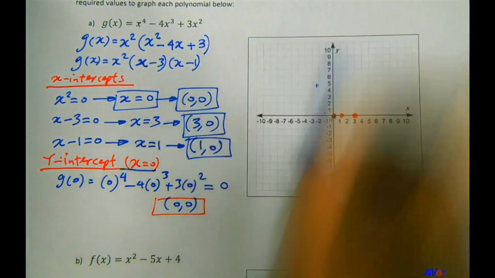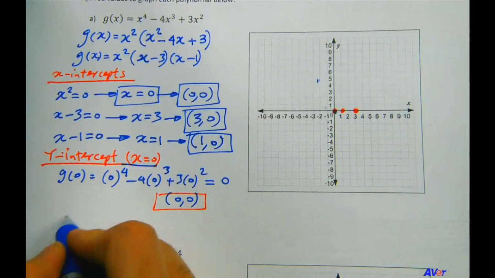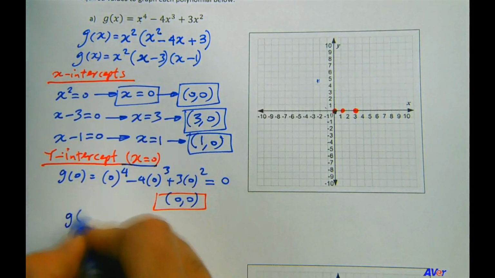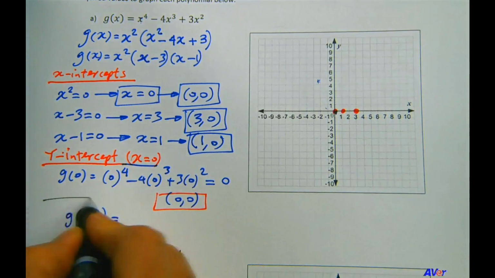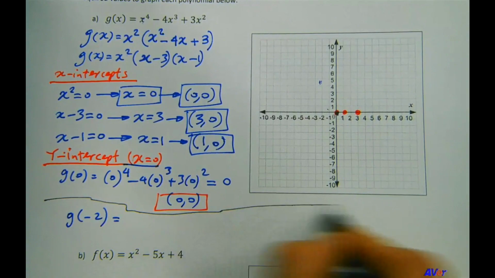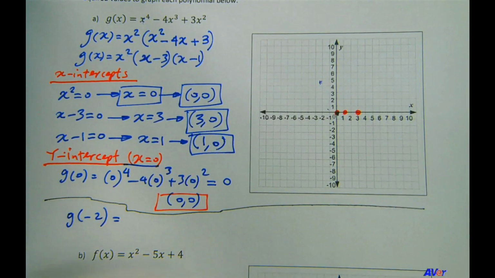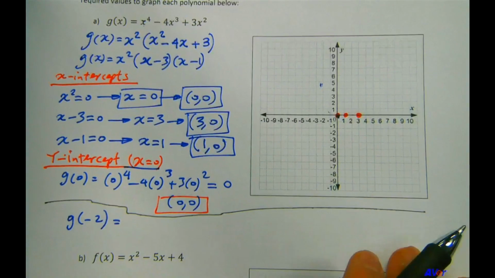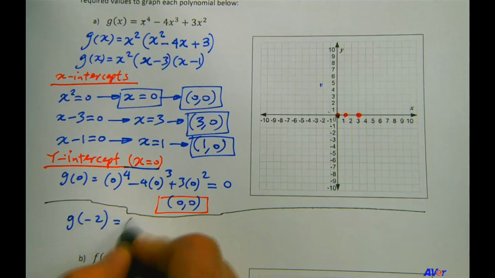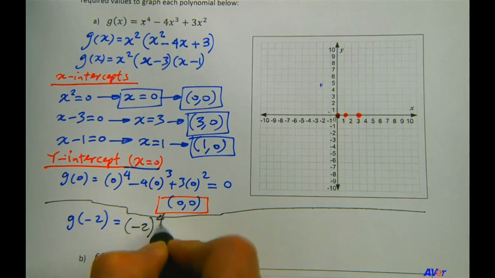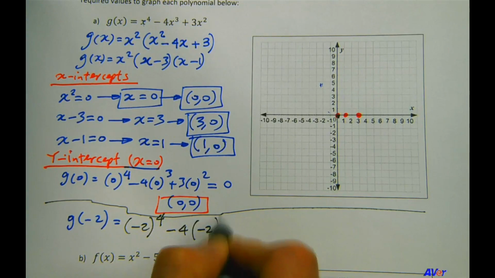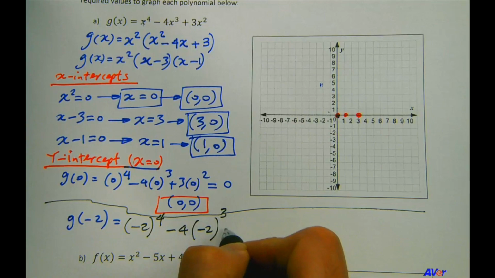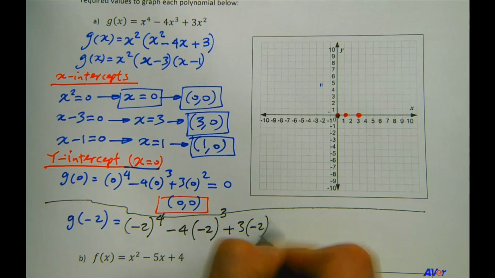Okay, so I'm going to do that here at the bottom. So g of -2 is equal to, that's not part of the x-intercept, so I want to distinguish that. That's why let me draw that line. So g at -2 is (-2) to the 4th power minus 2 times (-2) cubed plus 3 times (-2) squared.